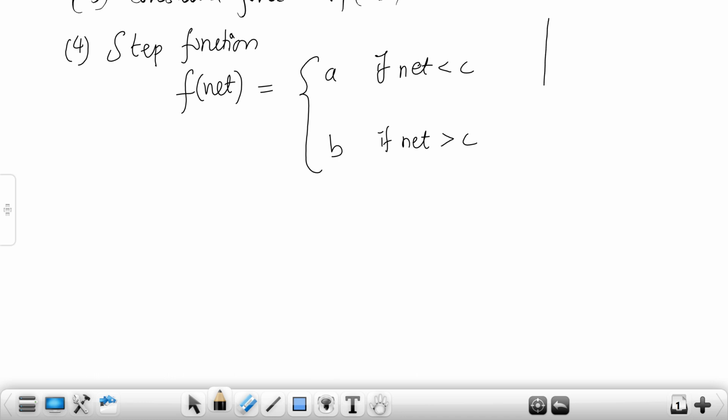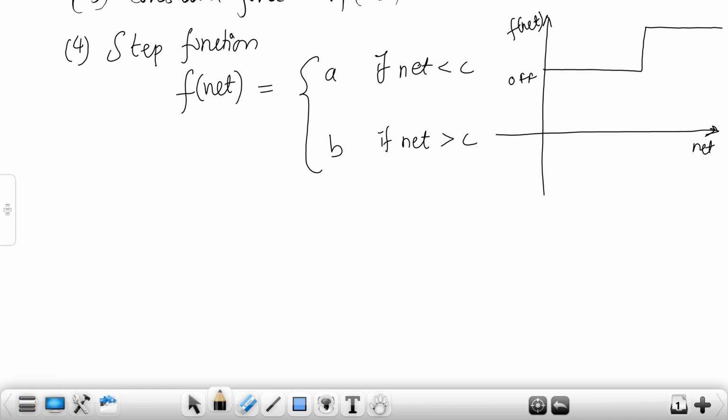Now I'll draw the diagram on the side, how this activation function looks. This is net, your x values, while this is f of net. Now this will look like this. It's a step function, right? So this is basically off, and this can be on. It can be used as a binary also.